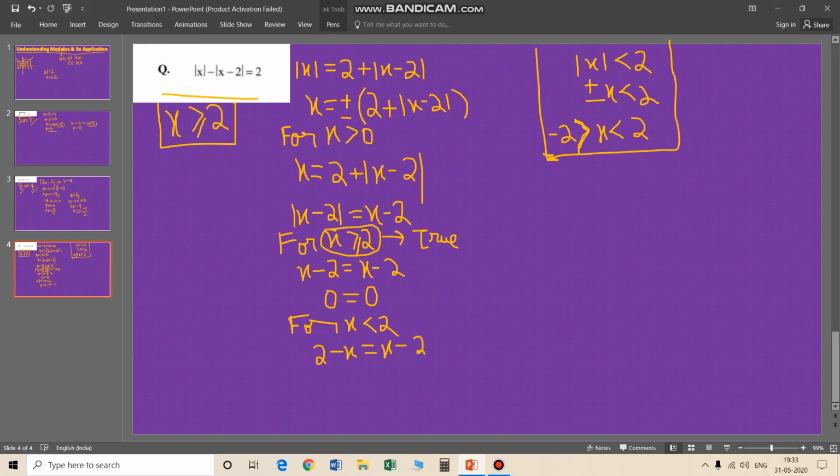Solving, 2x equals to 4, x equals to 2. X equals to 2, but the condition we have taken here is x less than 2, and 2 does not belong to the set. So no use of this statement. No solution came from here.